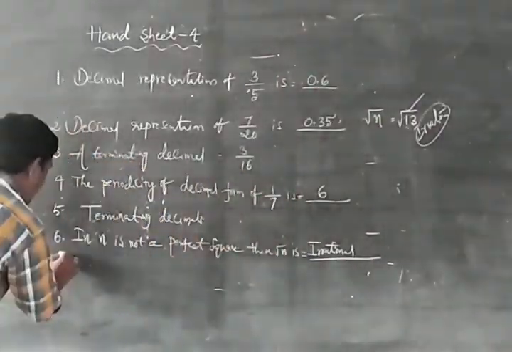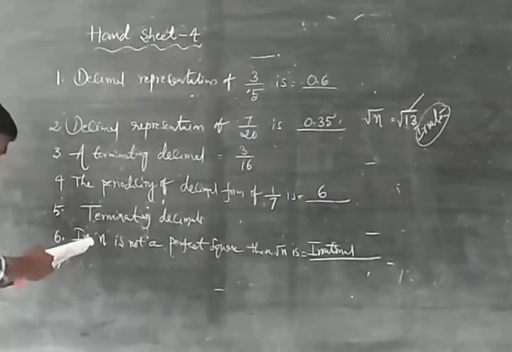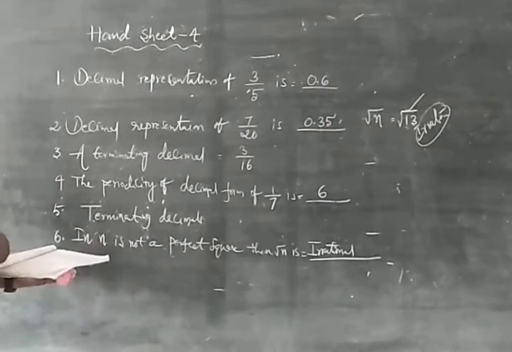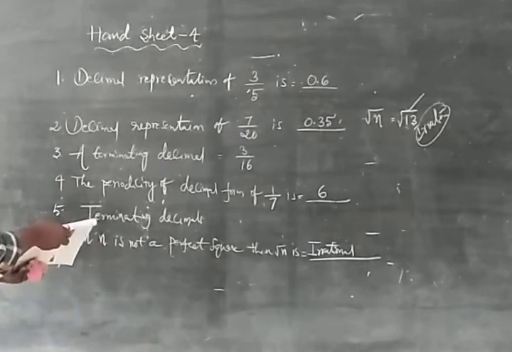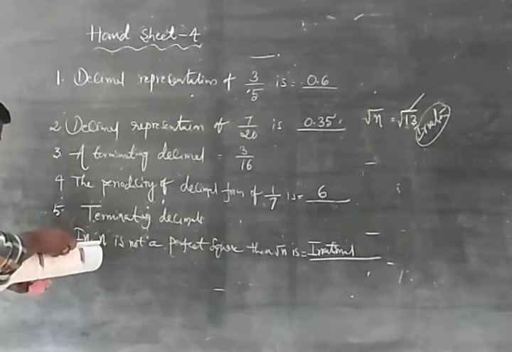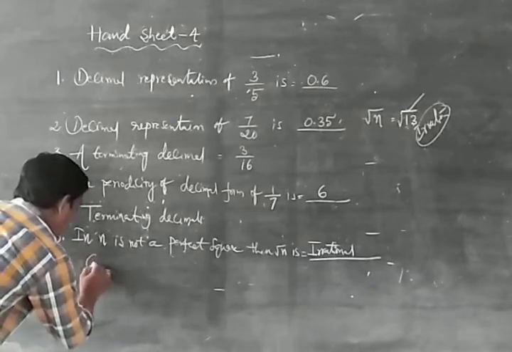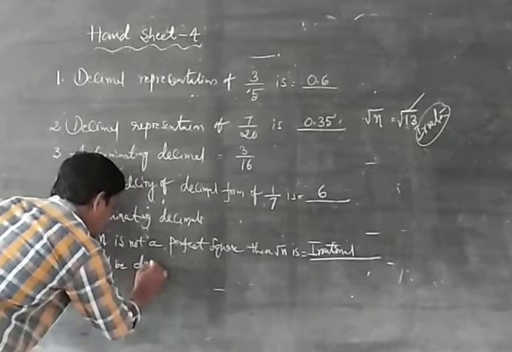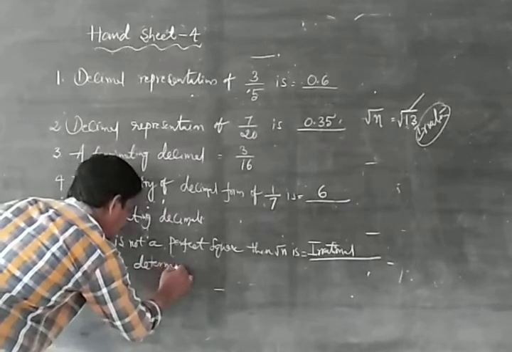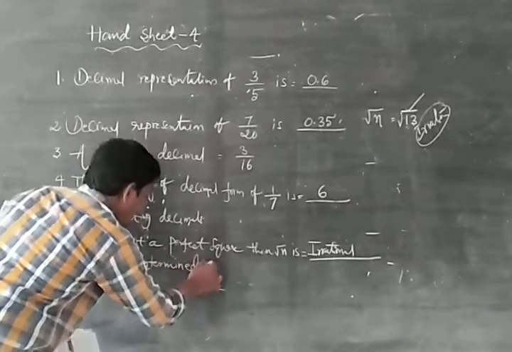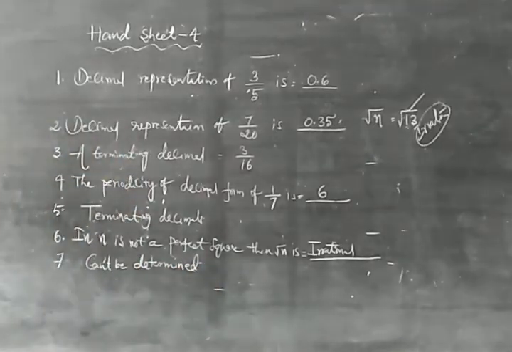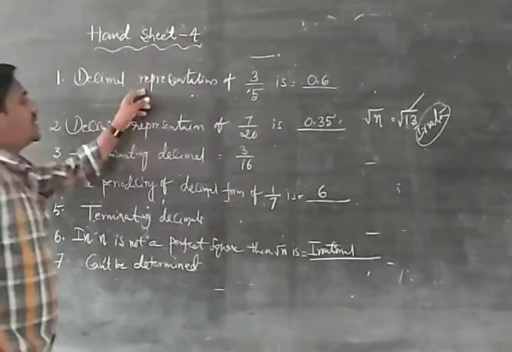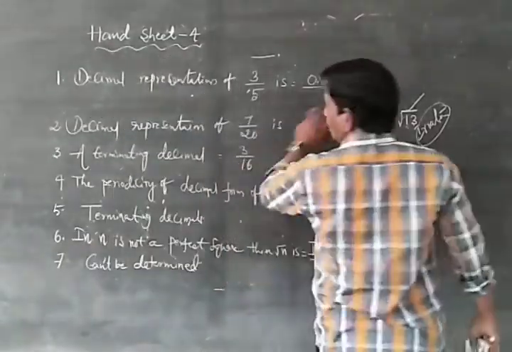Seventh one, cannot be determined. Understand? The decimal representation of 3 by 5 is 0.6.